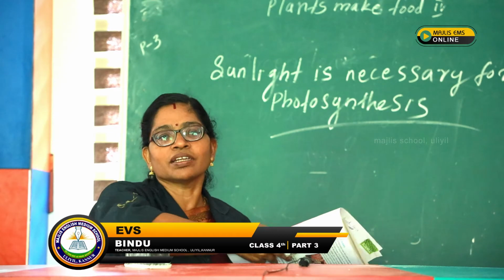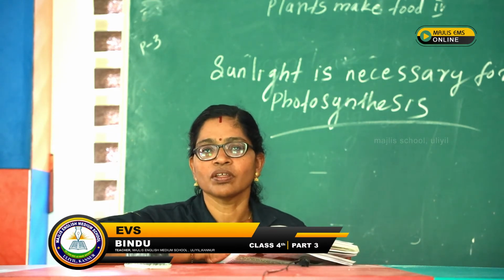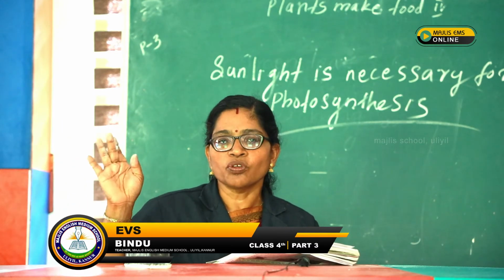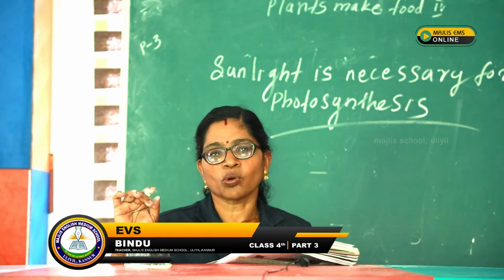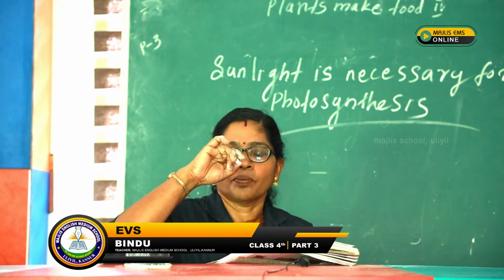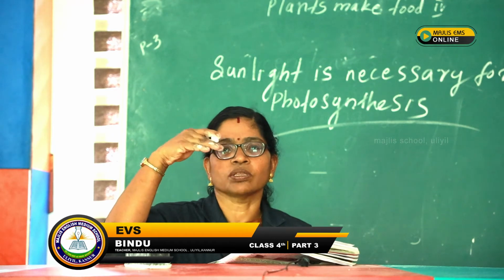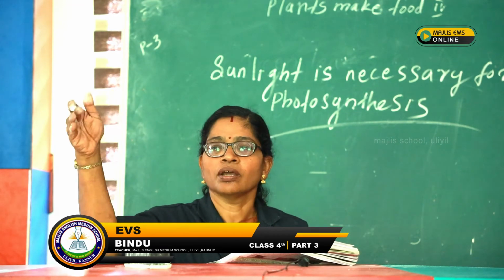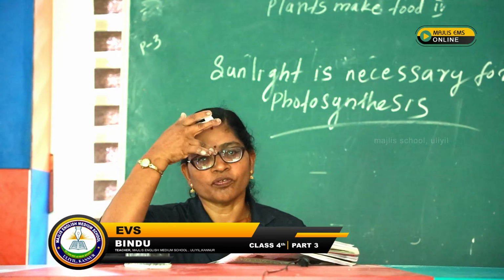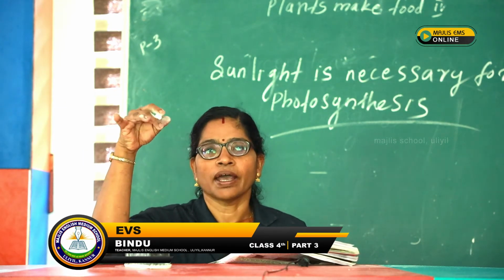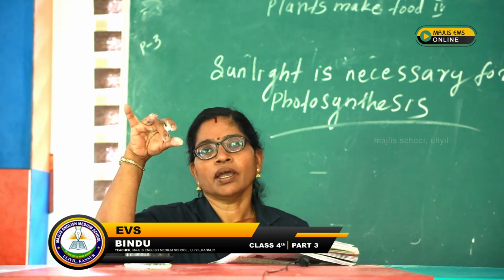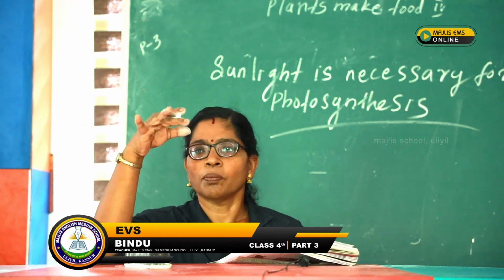Why is sunlight necessary for photosynthesis? You take the plant and put it for 24 hours in a dark room, without sunlight. After that, you cover one of the leaves with a black strip, and then for 2 or 3 hours you put it in direct sunlight. Then you pluck the leaves and put them in boiling water and then alcohol for the bleaching process.